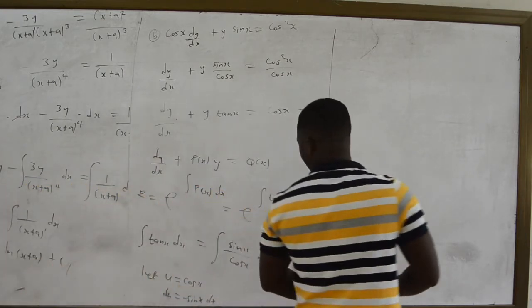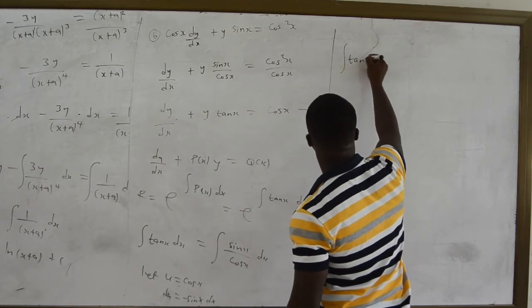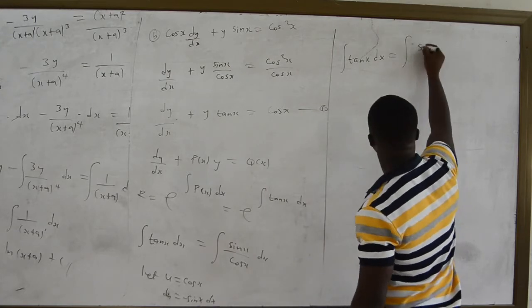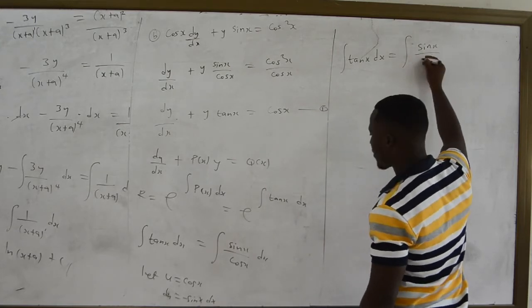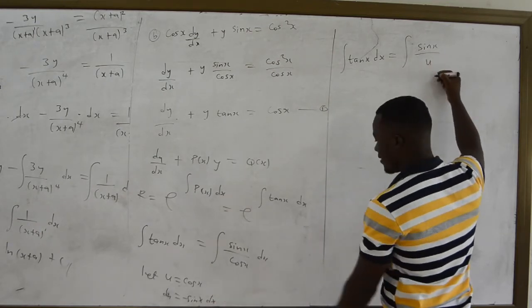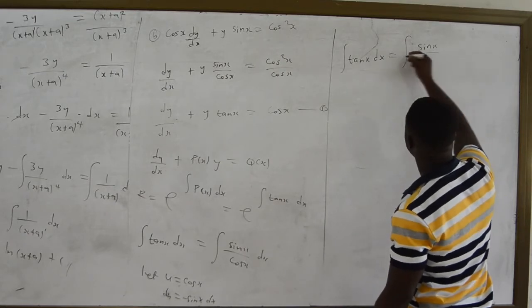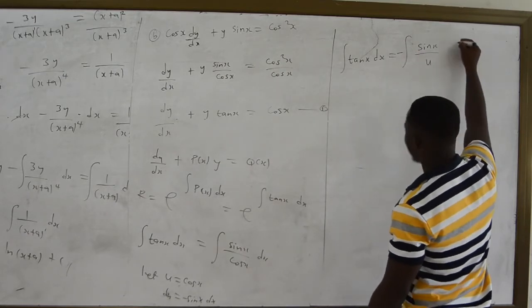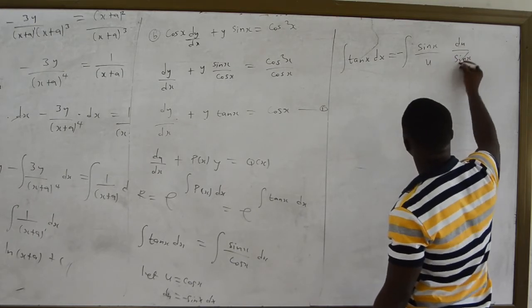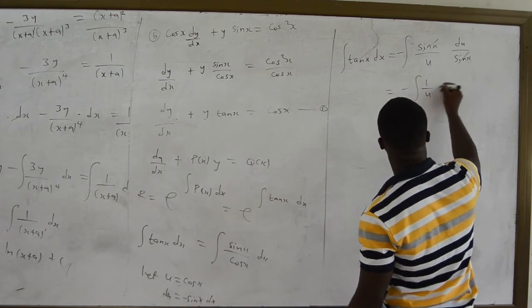Then I'll have my integral of tan x dx equal to the integral of sin x over cos x. I let cos x be equal to u. Now my dx is du over negative sin x. Eventually we'll have something like negative 1 over u du.